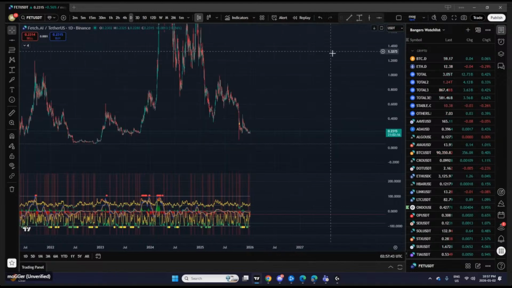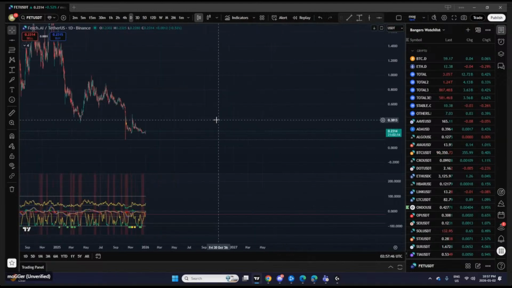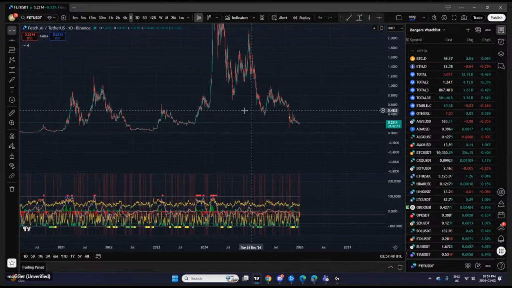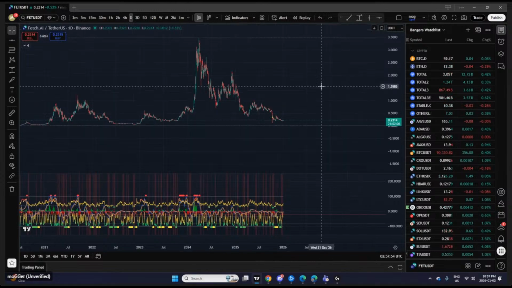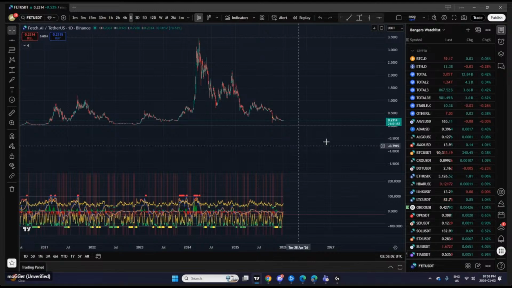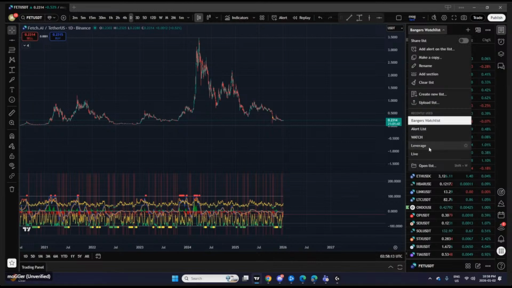I'm in it personally too, not with a crazy amount of money. These things, you don't need a crazy amount of money. If it does something like this, you're happy. There's no need to be greedy. You don't need to invest all your capital in a pipe dream. Invest your capital in Ethereum, Bitcoin, Link, HBAR, ADA, SUI, these guys.